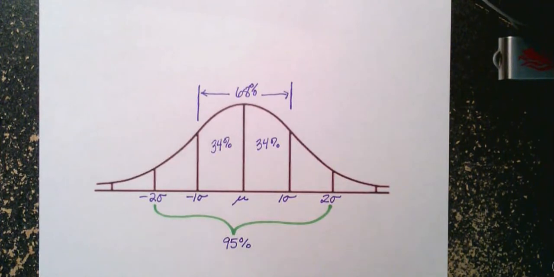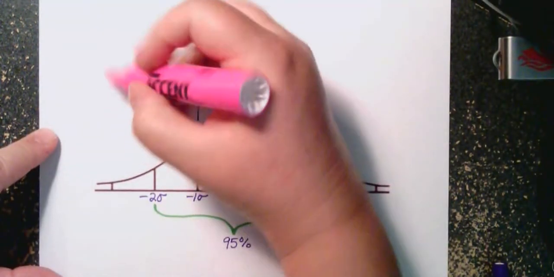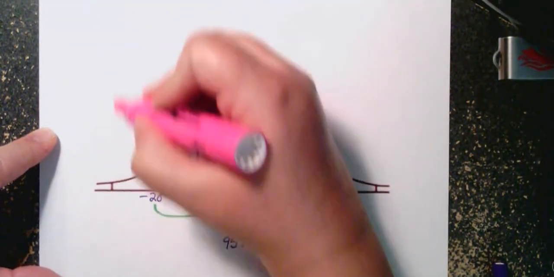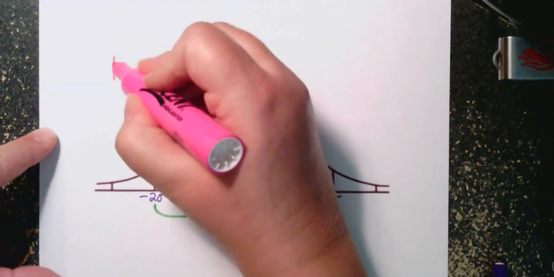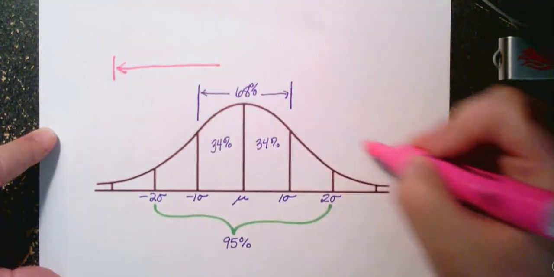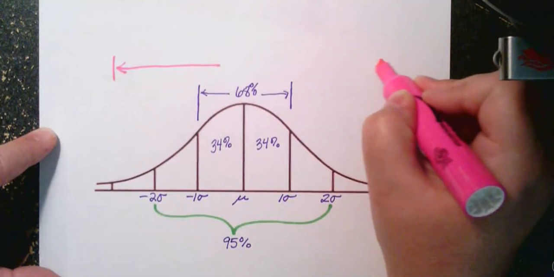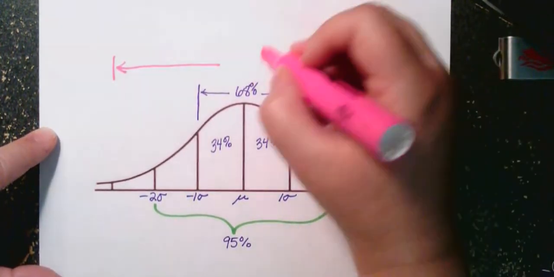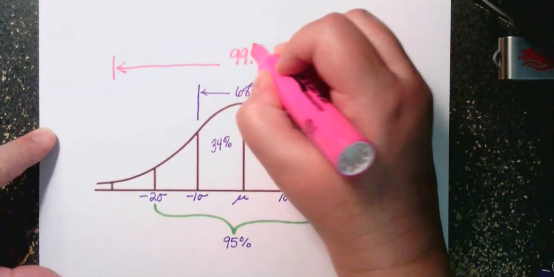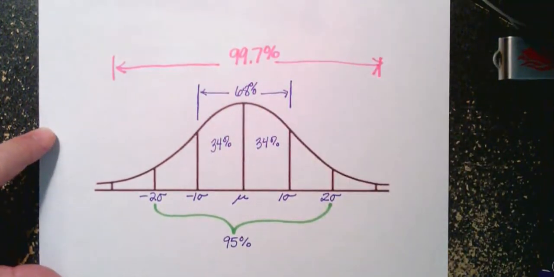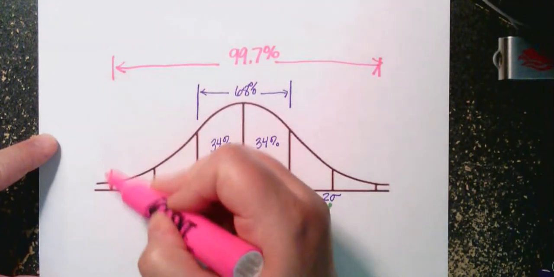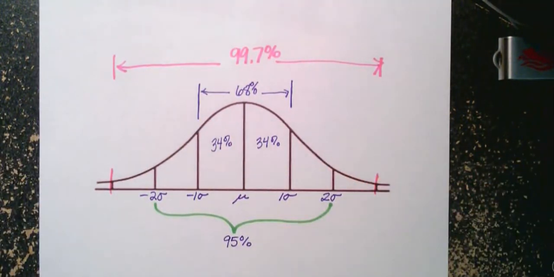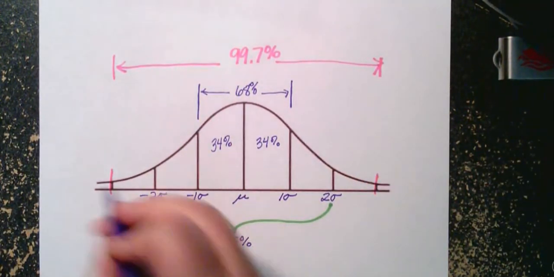And finally, let's see where I can draw this. Excuse my computer. 99.7% of your data is within 3 standard deviations of your mean.